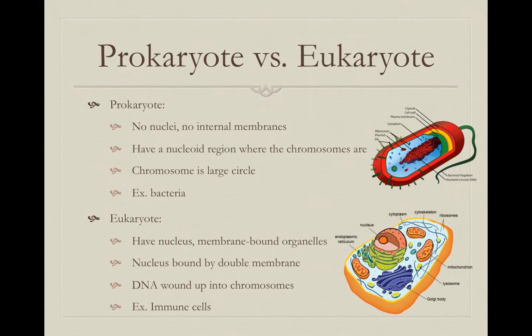Of course, our body is made of eukaryotic cells. So this is what a prokaryote looks like, and this is what a eukaryote looks like. A prokaryote has very few things inside of it, just some cytoplasm and a large chromosome, but the eukaryote is very complex. The prokaryote probably existed before the eukaryote did.